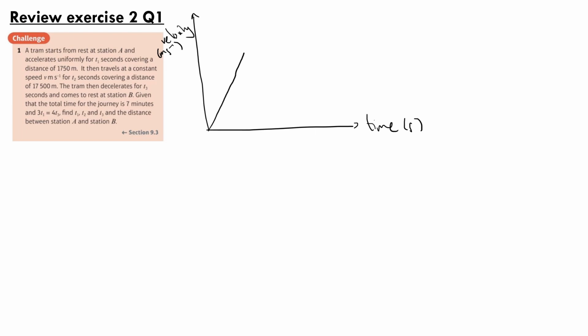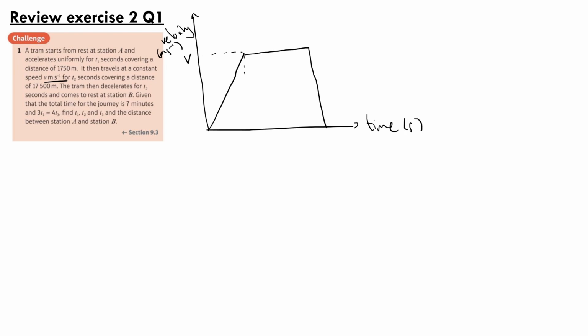So the gradient of the velocity curve is constant. Then the tram is traveling at a constant speed for t2 seconds, and this constant speed is v meters per second. So this here is v. And then finally a deceleration for t3 seconds as it comes back to rest at station B.